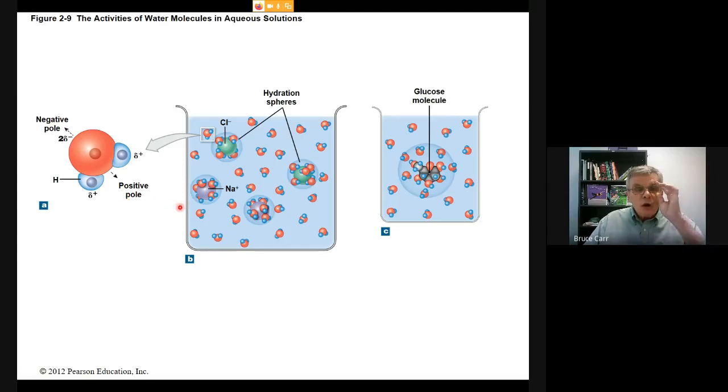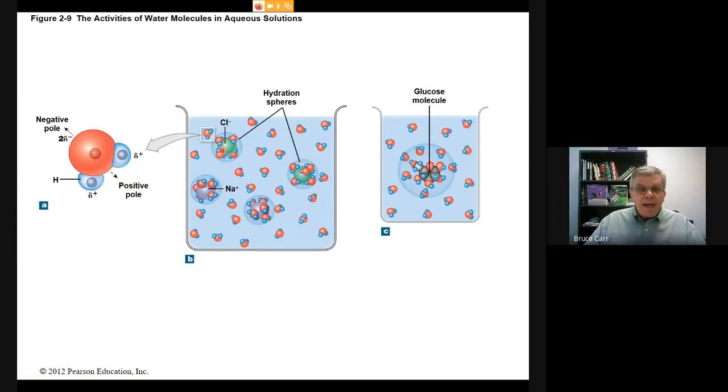Now that means when you drop the sodium chloride in, that big negative chloride, because it has this minus charge, causes these molecules to spin around and attract these positive ends.